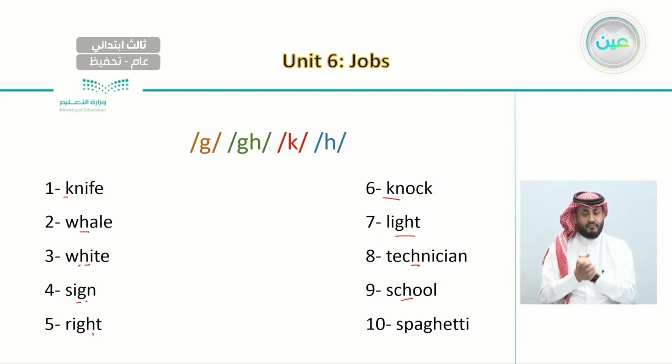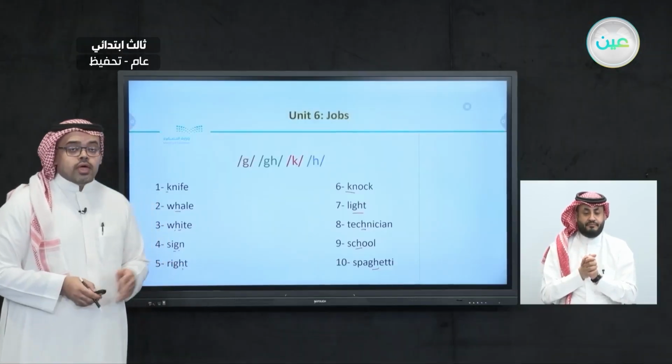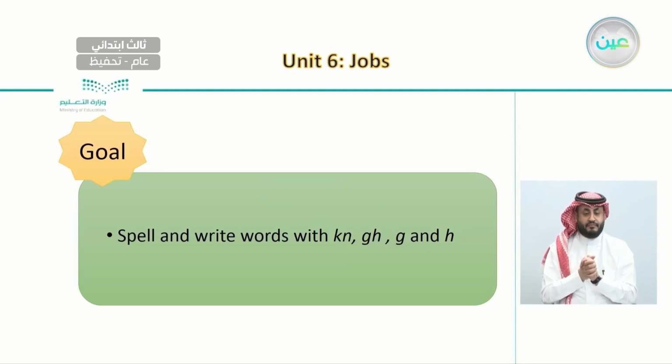And finally, the delicious food, number 10, spaghetti, where H is silent. So here we go. I hope that at the end of this lesson, you are able to spell and write words that ends with or has KN, GH, G, and H.